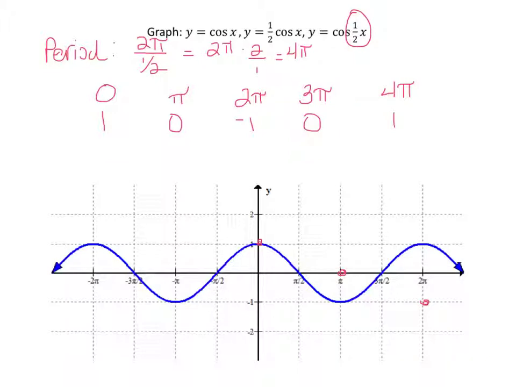I don't even have part on this graph to show 3 pi and 4 pi. But I can go backwards to here and then to here. So notice that if the period is 4 pi, it stretches out my graph horizontally so that I don't get as many cycles.